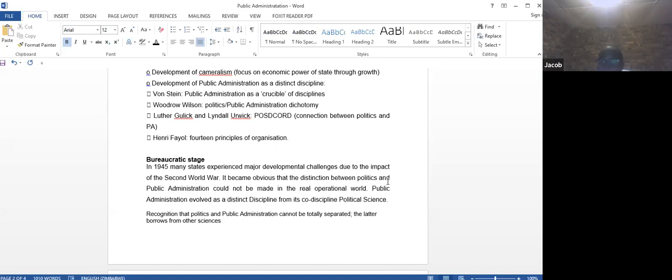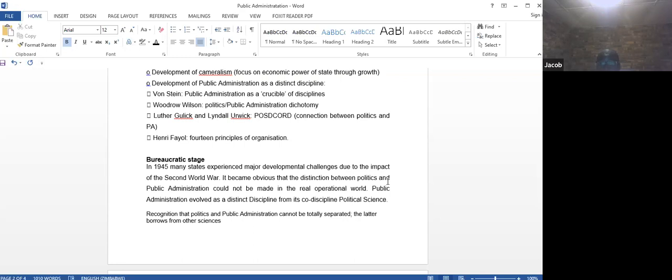Even though after the Second World War, in 1945, there was a bit of stagnation in terms of development, because most of the economies were ailing due to the effects of the war, after ten years many countries began to develop and come up with more strategies.